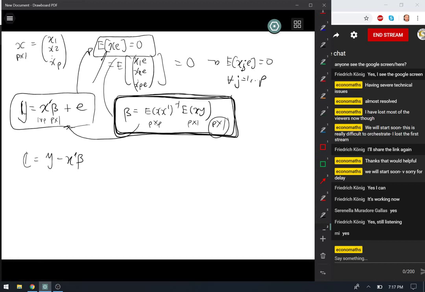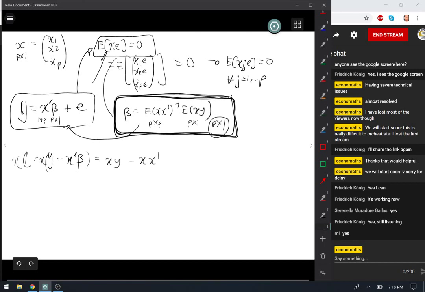Plug it in, and then take expectations, multiplying by x. So x times e. We're going to get the x here. Expand it out. We'll get xy minus x x transpose beta, and we always left multiply here. In general, we always multiply on the left by a vector.